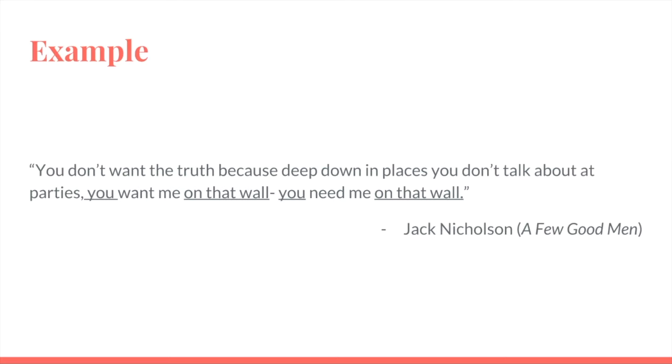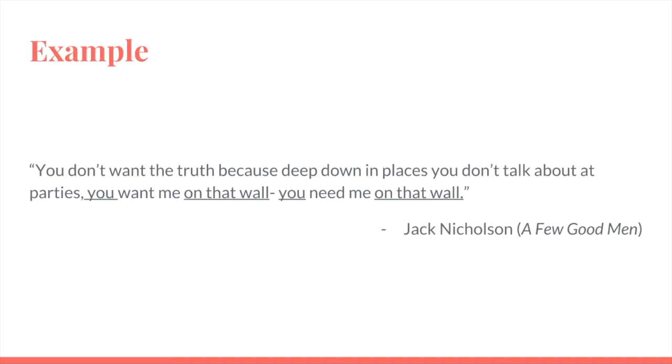Another example is from A Few Good Men, where it says, "You don't want the truth because deep down in places you don't talk about at parties, you want me on that wall, you need me on that wall." The repetition of you in both the first and second clauses is the anaphora. And the second part of that is on that wall, which is the epistrophe.